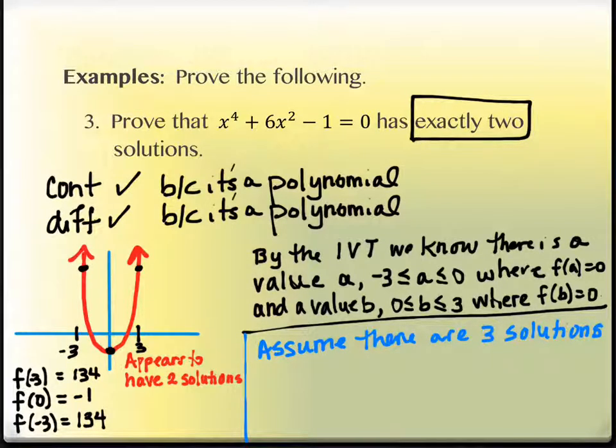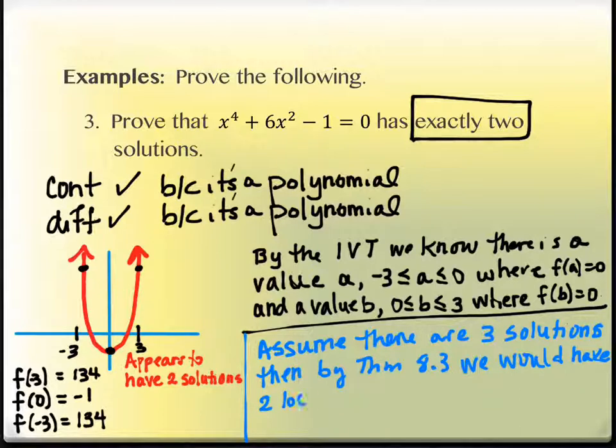Assume that there are 3 solutions. Then by Theorem 8.3, we would have two locations, or 2 x values, or 2 points, whatever.